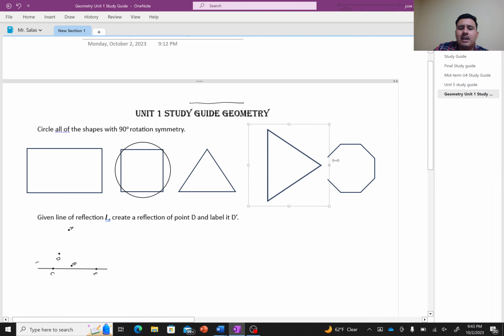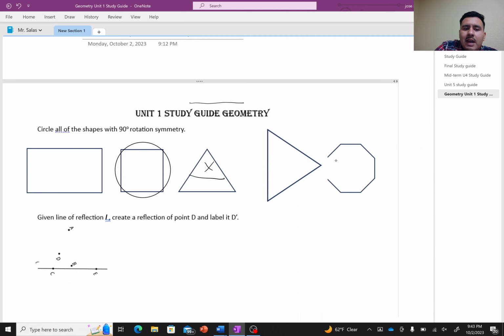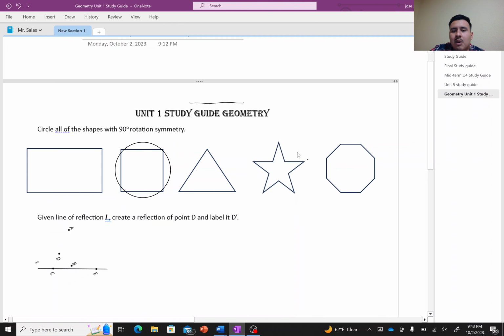If I rotate it 90 degrees, will this half be identical to this half? No, they will not be. So this is not a symmetrical triangle once you rotate it 90 degrees. So that triangle is not it.